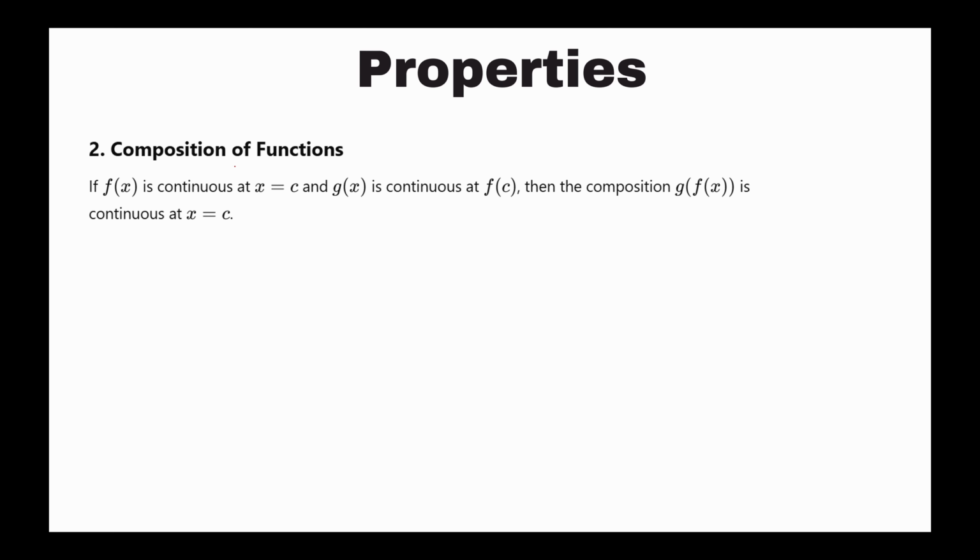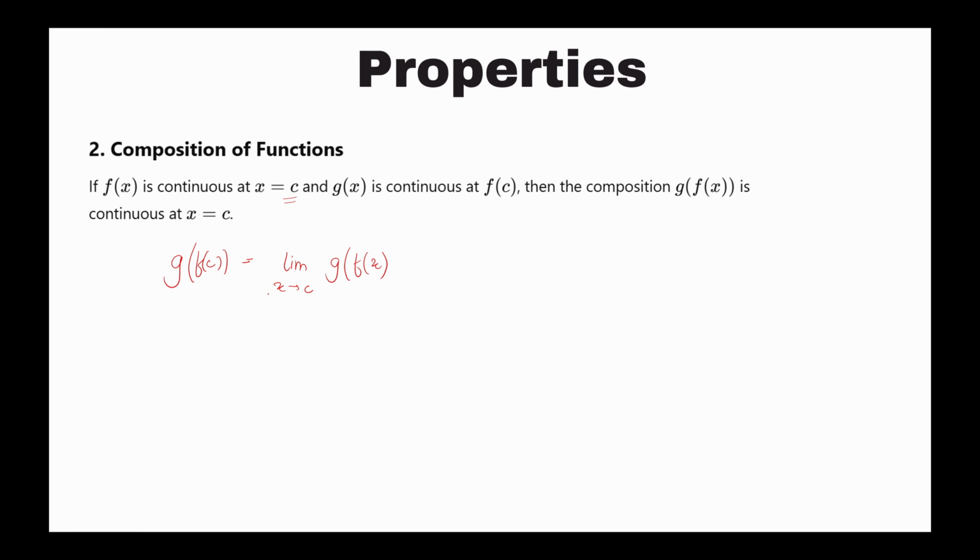Another important property here is that, let's say f of x is continuous at x equals c, and g of x is continuous at f of c. g of x is not continuous at c here anymore, it is continuous at f of c. So then we can say that g of f of x would also be continuous at x equals c, because here what we are saying is that g of f of c should be equal to the limit as x tends to c of g of f of x.